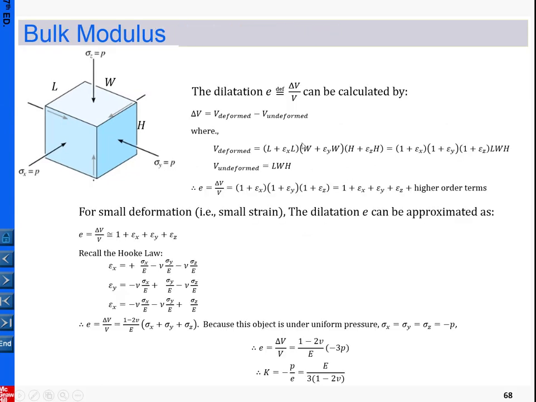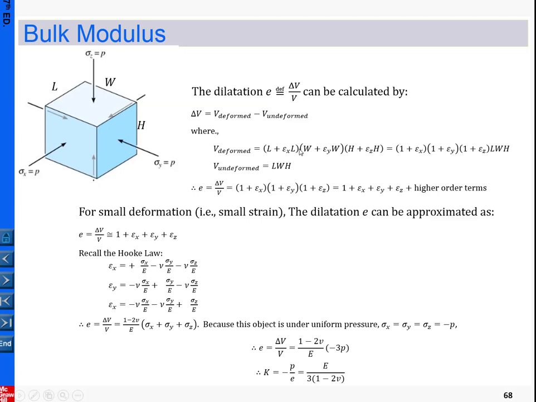So this page we dedicate to how to calculate the dilatation, and by definition we start from here. So delta V is equal to the change in volume, and that basically is defined as deformed minus undeformed. Okay, so we measure the deformed volume and then compare it to the undeformed one, we find the difference.